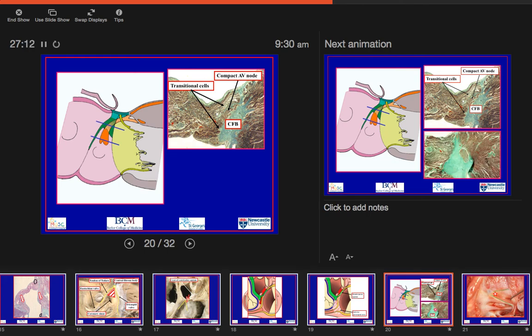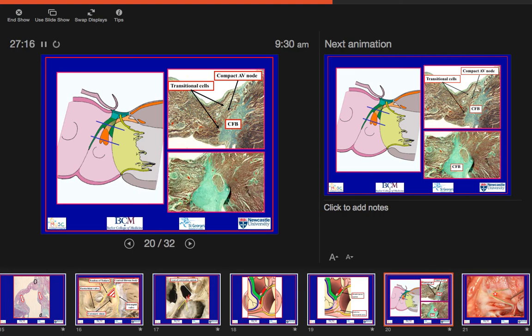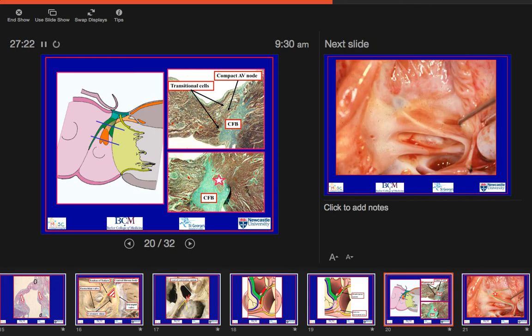But then, if we go a little more cranial, we find the bundle of His. And the bundle of His here, in a beautiful section, you see, is surrounded by the fibrous tissue of the central fibrous body.